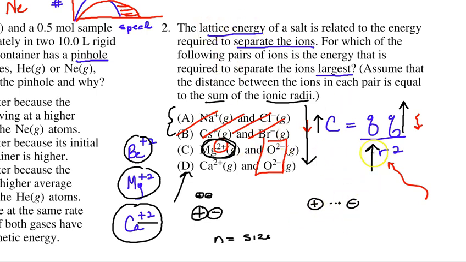And if you don't like any of that, again, Coulomb's law is the Q of the opposing charges over the radius. And if we have a smaller radius because it's found higher on the table, a smaller denominator makes a larger value for Coulomb's law overall, and that'll make a higher lattice energy. That's why number 2 is choice C.